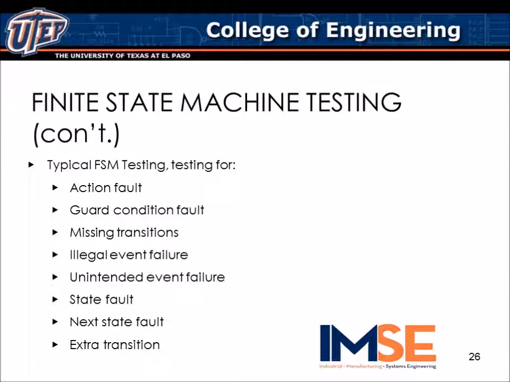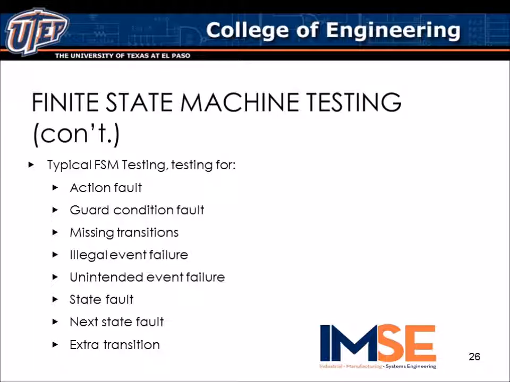Typical FSM testing can adhere to some of the following activities: action fault, which is verifying activities on a transition that can be incorrect or missing. Guard condition fault. This is ensuring that guard conditions on transitions are correct. Missing transitions, verifying that transitions exist for legal events through states.